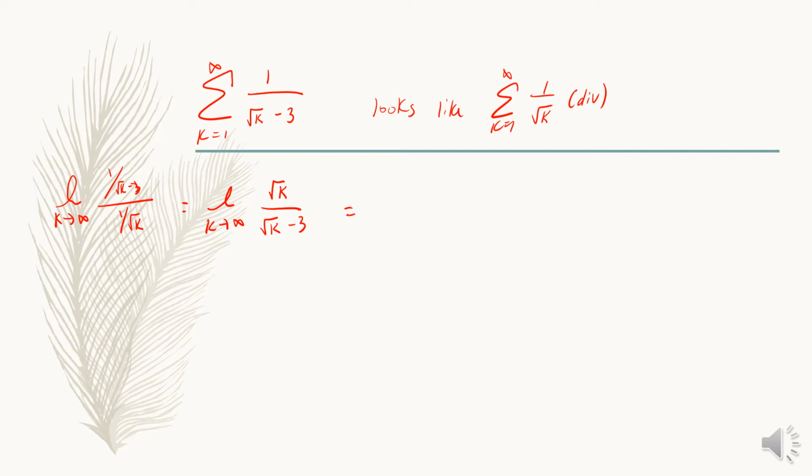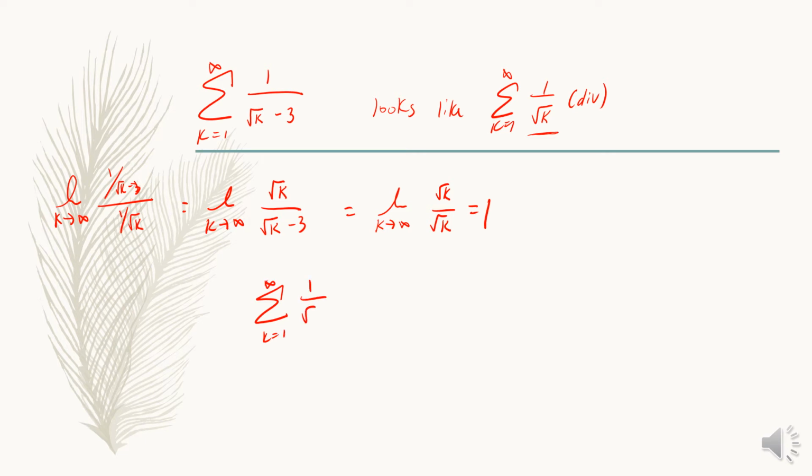Since we're looking at this as it approaches infinity, you only have to look at the highest powered terms. So this is the limit as k approaches infinity of square root of k over square root of k, which is 1. So since I got a number that was not infinity, was not 0, that means that both of these series behave the same way. And because 1 over square root of k diverges, that means that our original series also diverges.